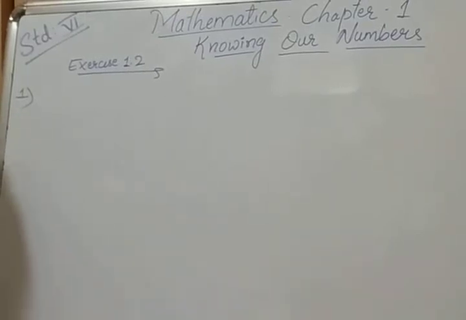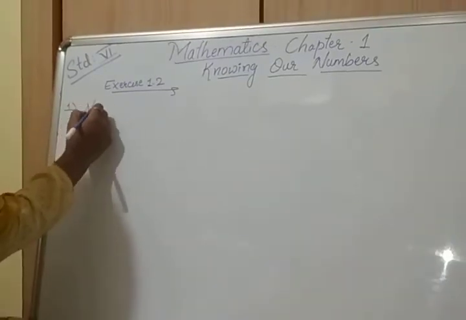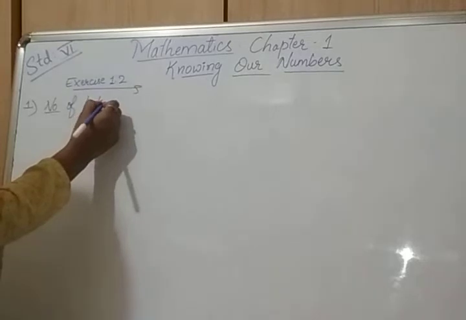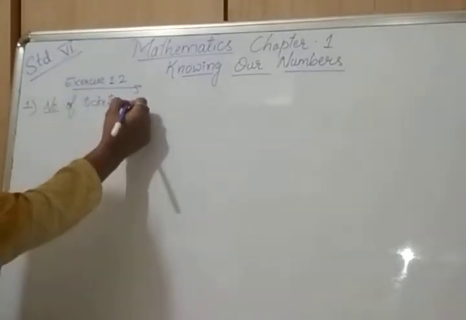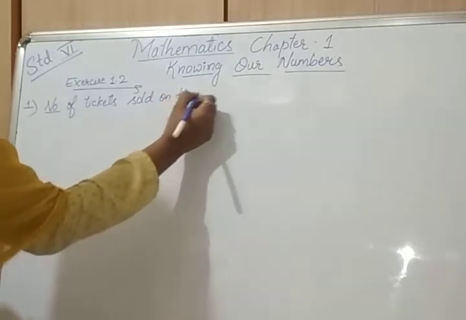Write down there: number of tickets sold at the counter on the first day.